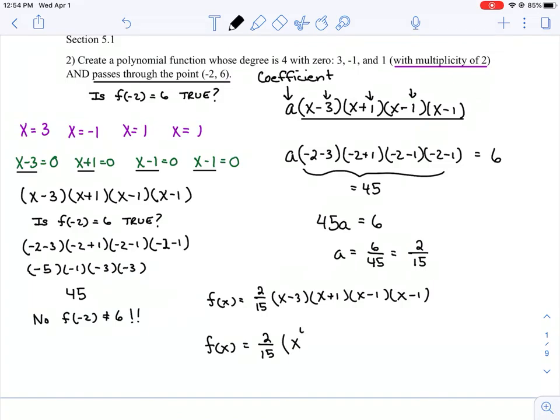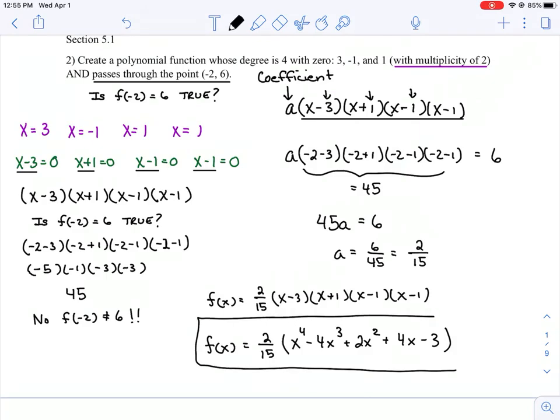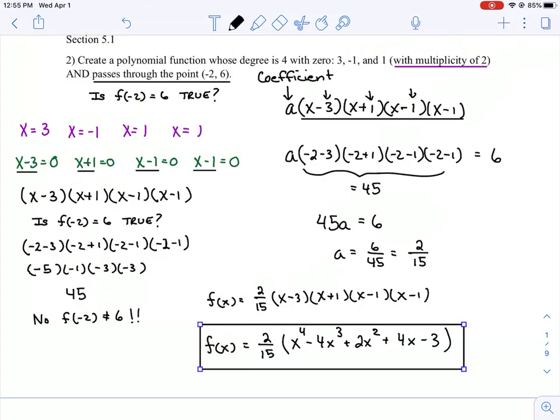So if you were to multiply all four of those binomials together, the result would be x to the fourth minus 4x cubed plus 2x squared plus 4x minus 3. You do not have to distribute the 2/15 if you don't want to. And again, if you want to see if this is correct, you can graph f of x in Desmos and see if it has the roots 3, -1, and 1, and see if it passes through the point -2, 6.